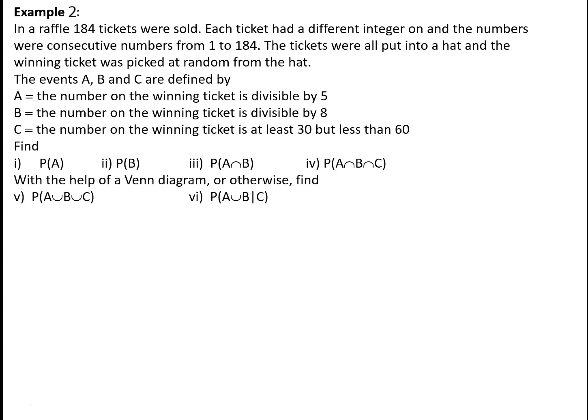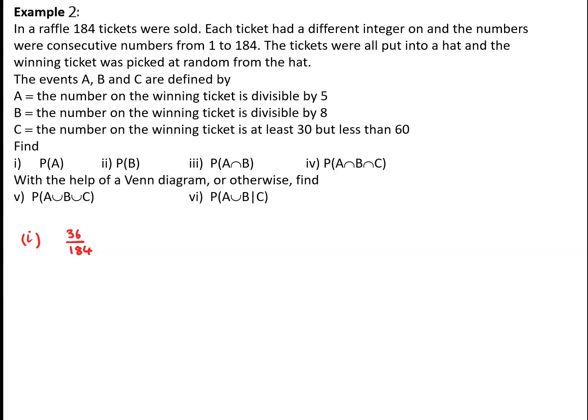So we've got to work out the probability of A, the probability of B, the probability of A and B, and the probability of A intersect B intersect C to begin with. Well, the probability of A is 36 out of 184, because if we think about the tickets between 1 and 184, there are 36 numbers which are divisible by 5.